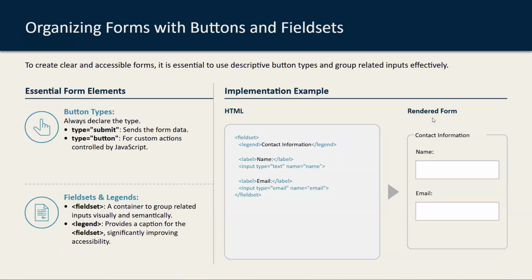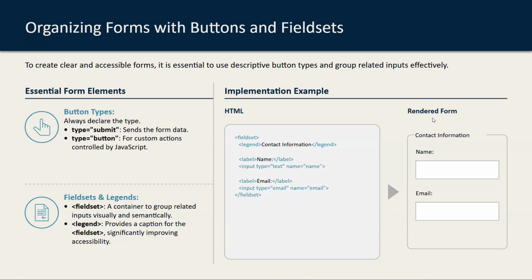And now let's take a look at other elements. Of course, every form must have a button and a field set. So it is essential to create them, because every form usually includes buttons and some structure to keep things organized.